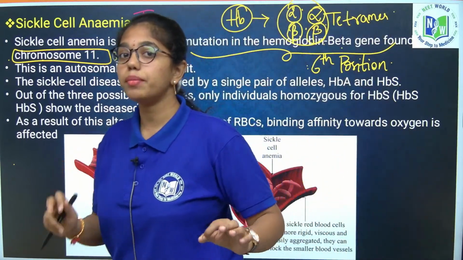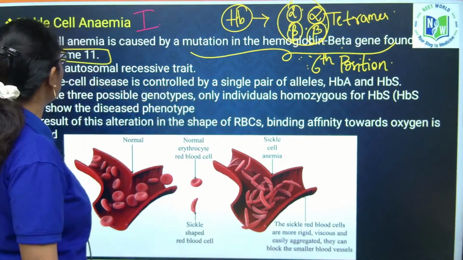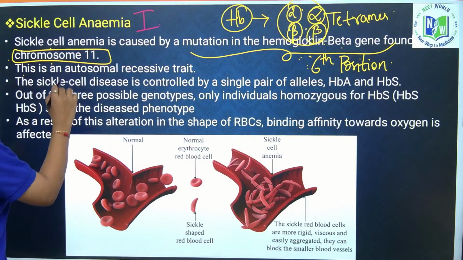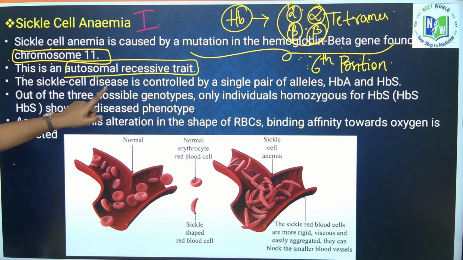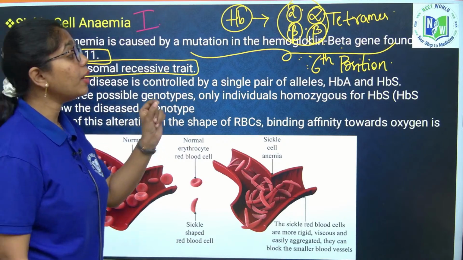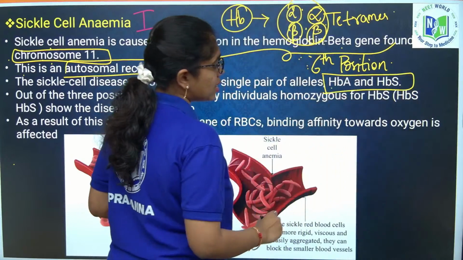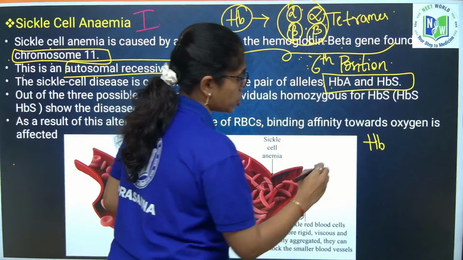For sickle cell anemia, it is the beta globulin protein affected at the 6th position on chromosome 11. And this is an autosomal recessive disorder. Of course, you remember it for sure. The sickle cell disease is controlled by a single pair of alleles, okay, and these alleles can be in 3 combinations, beta.